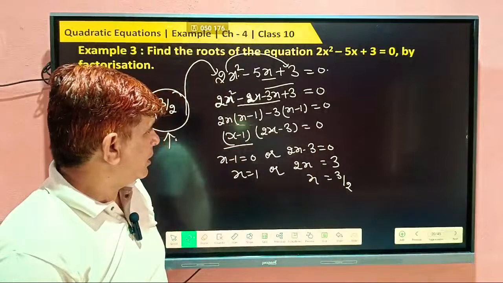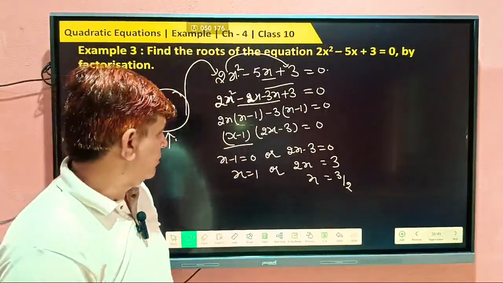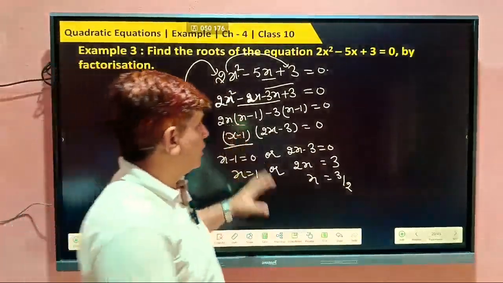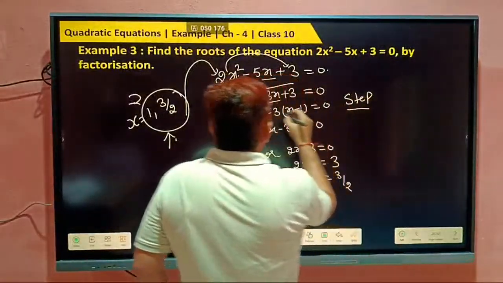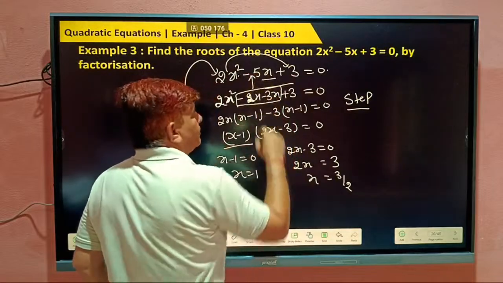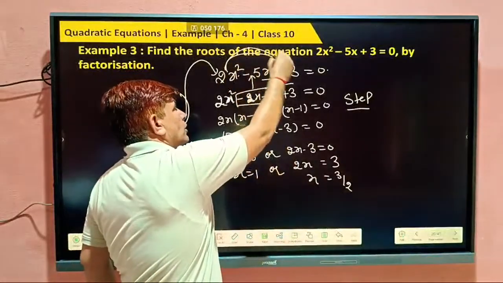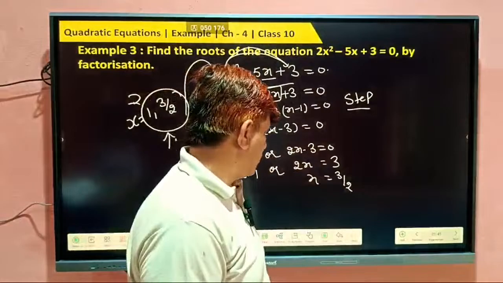Understood? Later on, in the third part, we will say these are the zeros of the given polynomial also. So I think you only have to take the first two steps. I told you this sum must be equal to this, and their product is equal to their product. It means you are right, otherwise wrong.